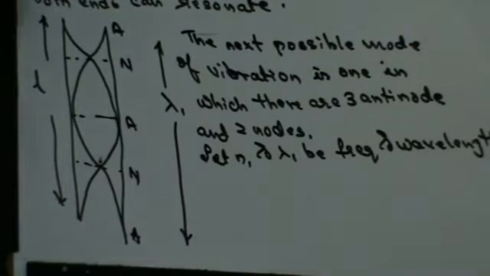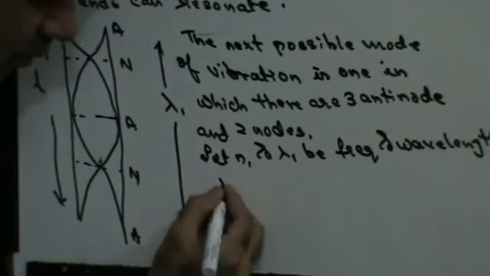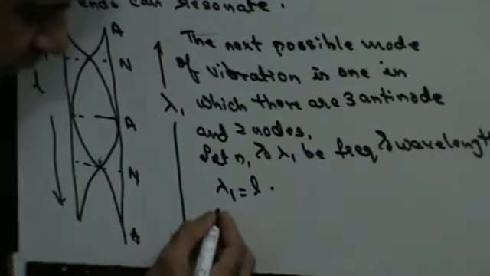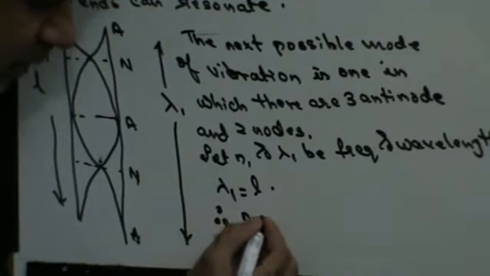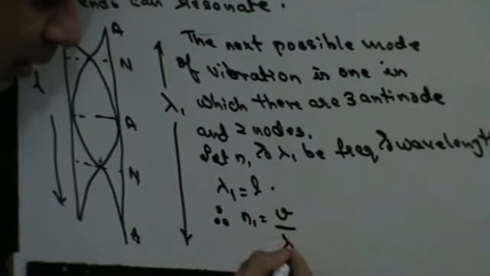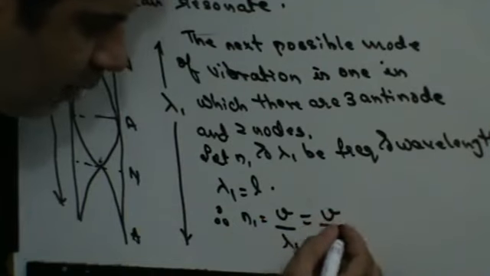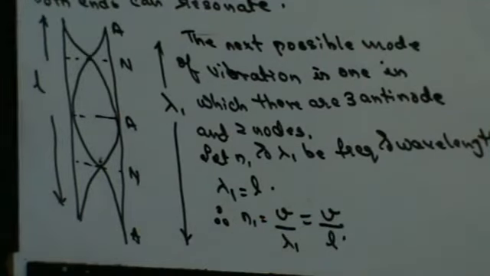Right? So in which case I can therefore say that lambda 1 is equal to the length. Once I know that lambda 1 is equal to length, I can say therefore n1 is equal to v upon lambda 1. So that will be nothing but v upon L. Now I could multiply by 2, I could divide by 2.